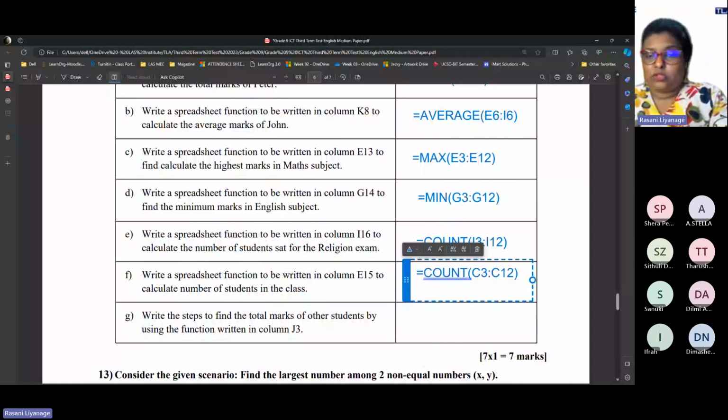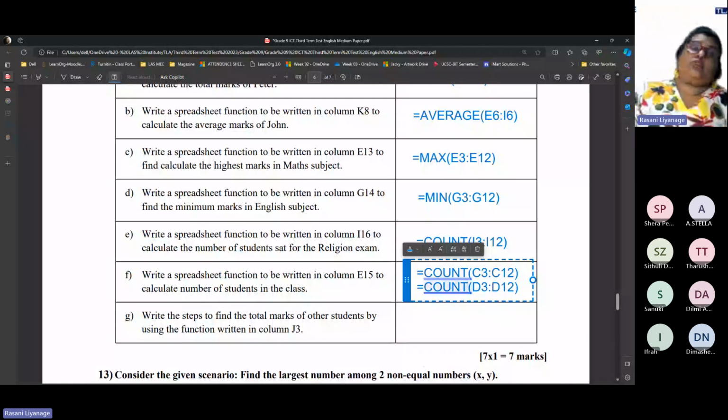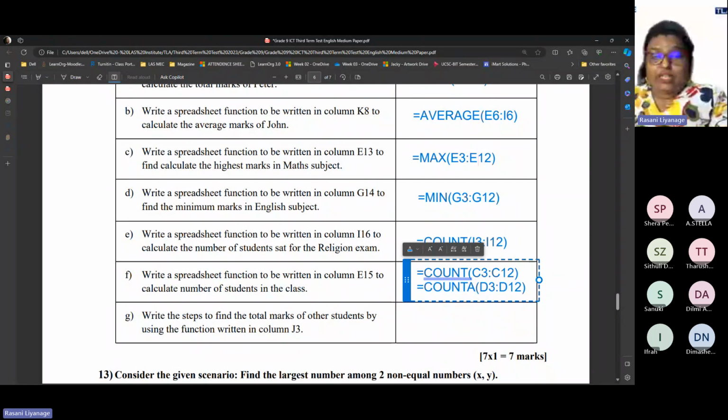If you use COUNT on D3 to D12, it will not work and will give 0, because COUNT can read only numbers. So if you want to count anything else, it's compulsory that you use COUNTA. COUNTA is for counting all. It counts everything that is there.